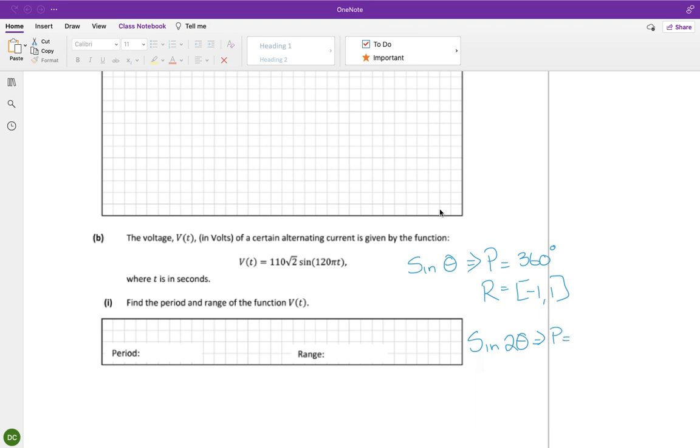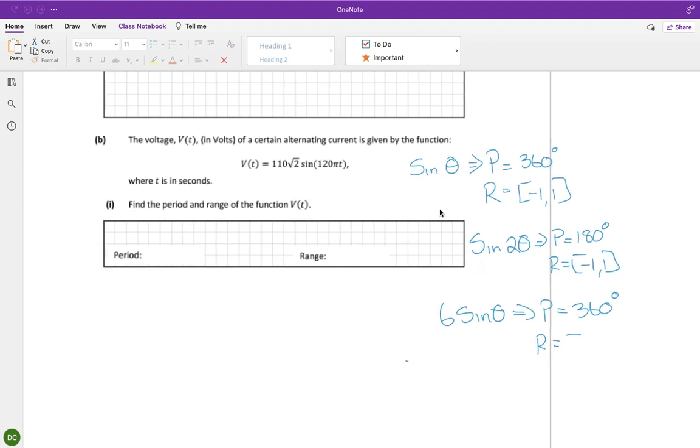So that would be 180 degrees. And the range is unaffected. It would just be -1 to 1. And then the other thing you can do is have like 6 sine theta. And that would make the period 360 degrees. And the range would be -6 to 6.